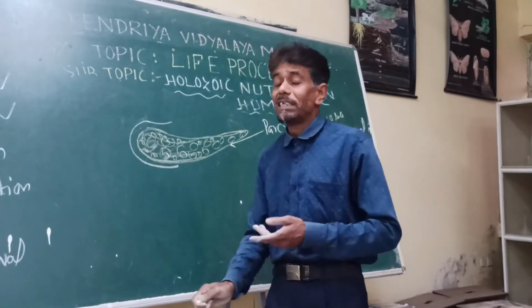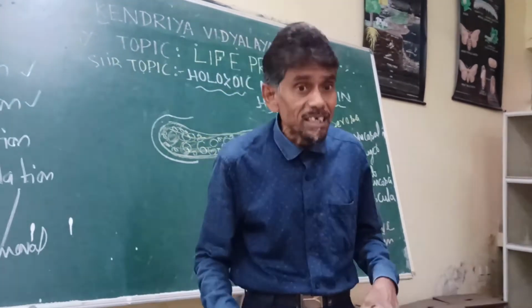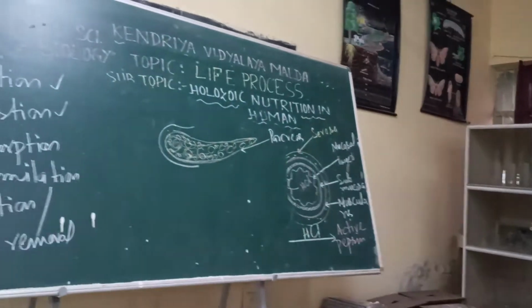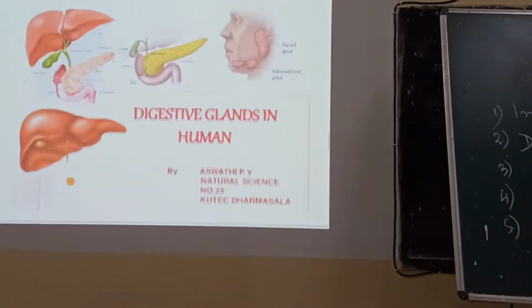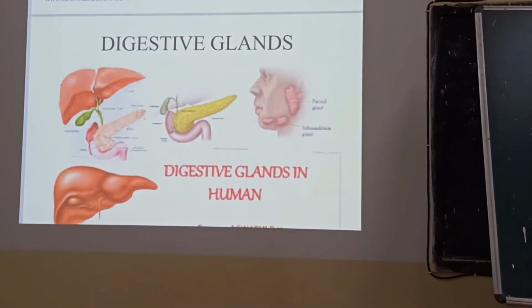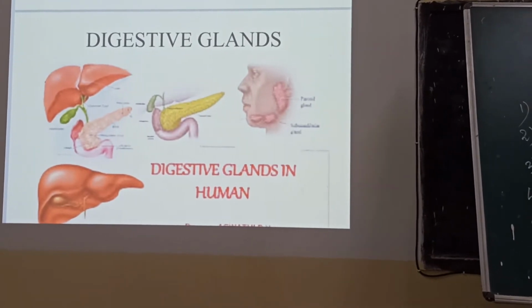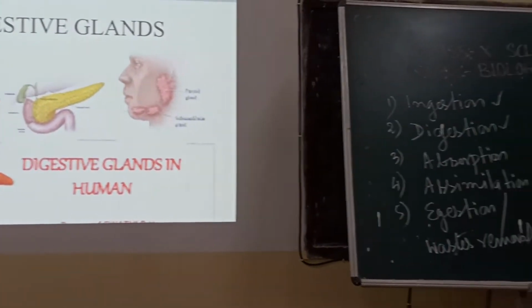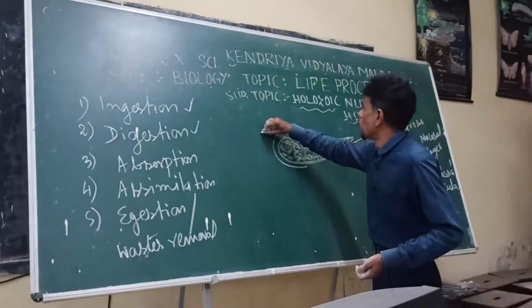Apart from pancreas, there is another very important and the biggest digestive gland. I will show you here the various type of digestive gland. Here you can see the various types of digestive gland I have taken.